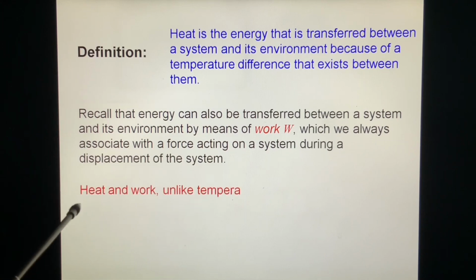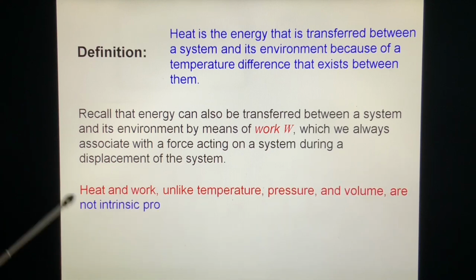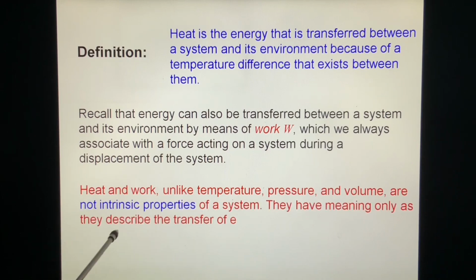Heat and work, unlike temperature, pressure, and volume, are not intrinsic properties of a system. They have meaning only as they describe the transfer of energy into or out of a system.